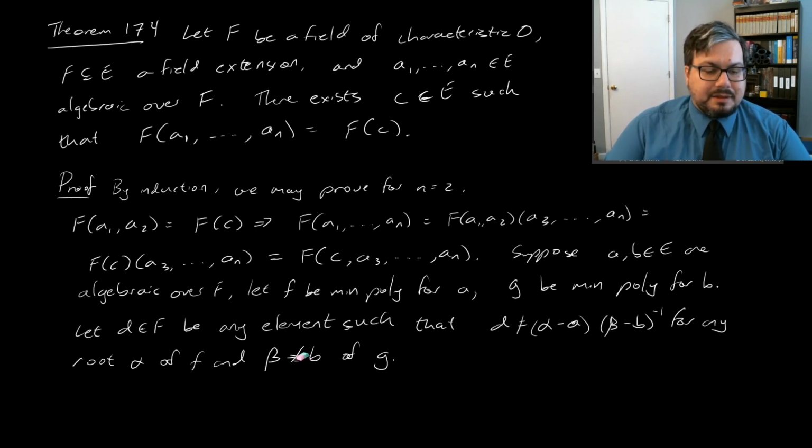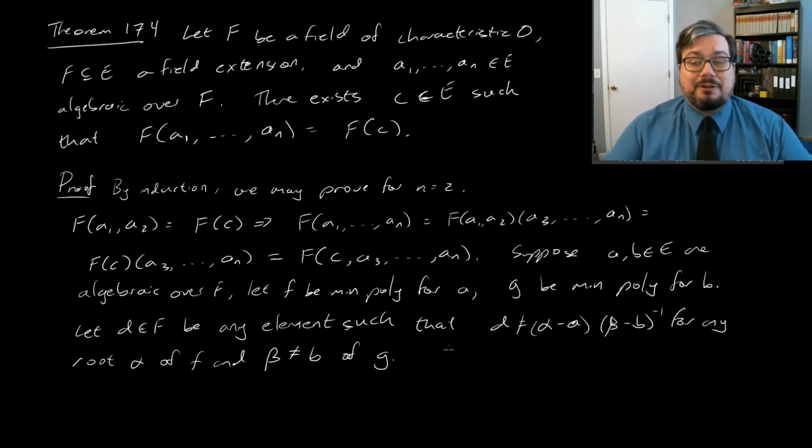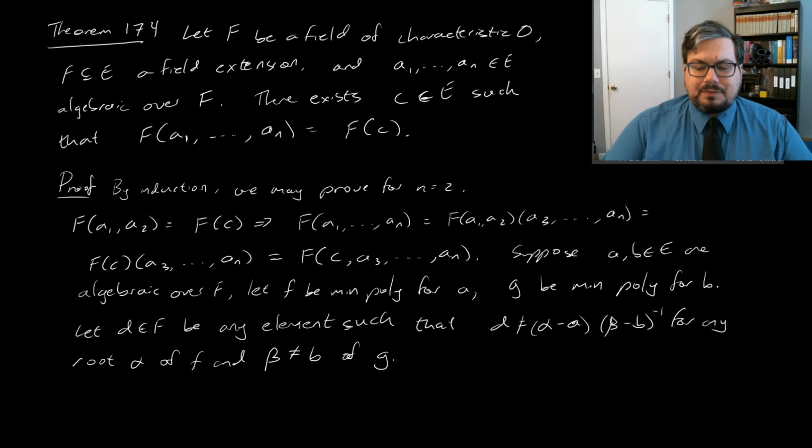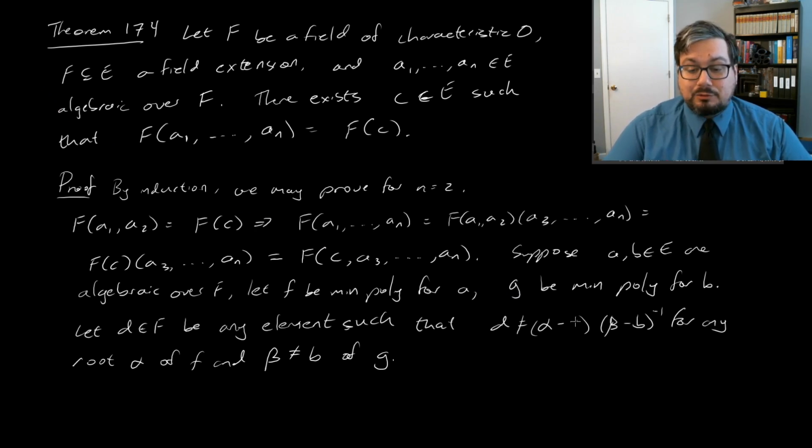Now, this is one place where we need that F is infinite. Since F has characteristic 0 in our theorem, then it's necessarily infinite. We also know that f and g, because they're polynomials, have only finitely many possible roots in any extension. And so if we take all the possible roots of f and all the possible roots of g and form this product, (alpha minus a) times (beta minus b) inverse, we get a finite number of elements of F that we need to avoid.